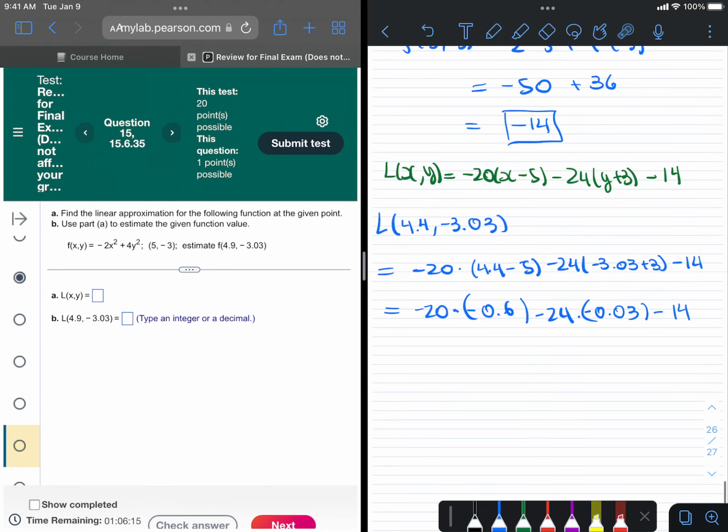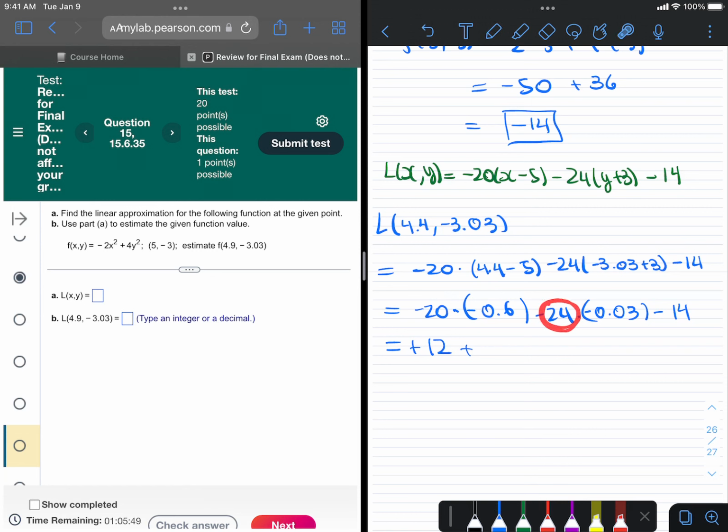So what's interesting about this is that you can multiply. First of all, the answer is going to be positive on this first term. You're multiplying 20 by 0.06. That's the same as multiplying 0.06 by 10 and then by 2. So that's a 6 and then a 12. That's the first term. The second term again is positive.